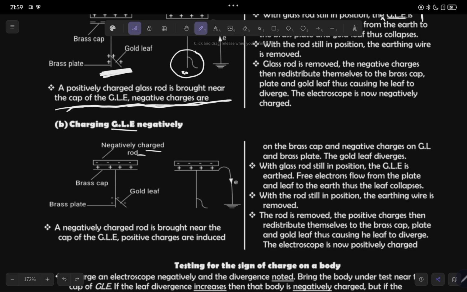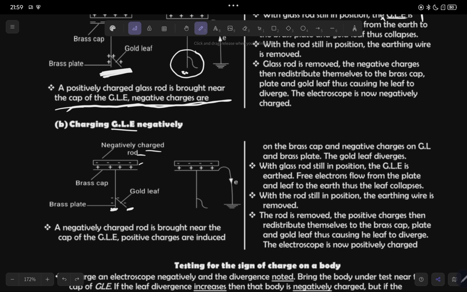It is brought near the cap of the gold leaf electroscope. It will induce all the positive charges which were on that electroscope on the brass cap and will repel the negative charges to the brass plate and the gold leaf. In so doing, the gold leaf is pushed away from the brass plate because they are like charges and will diverge. So you'll see a divergence.